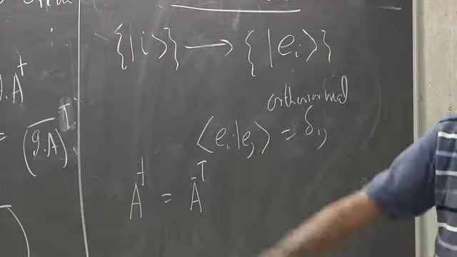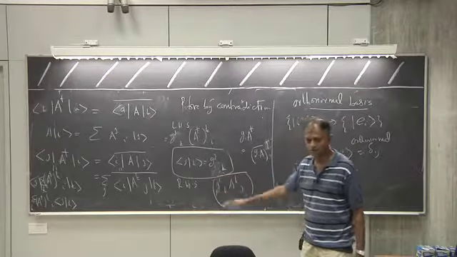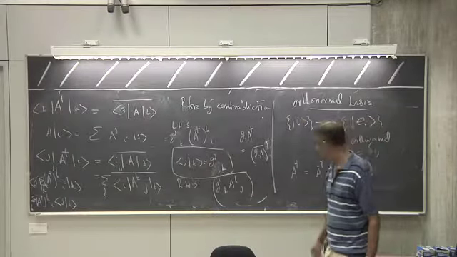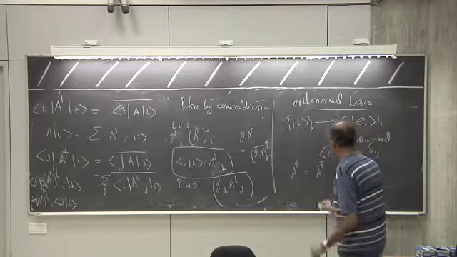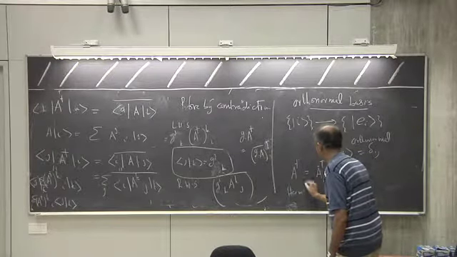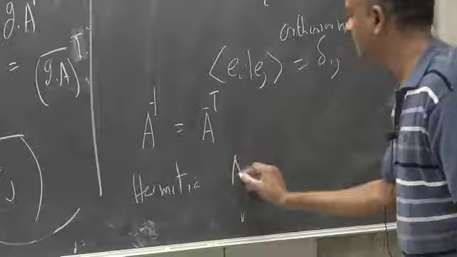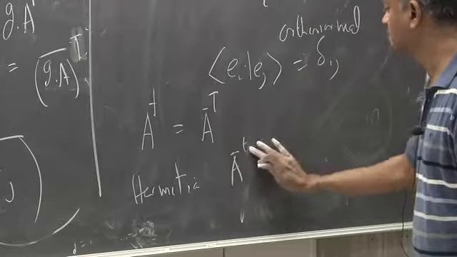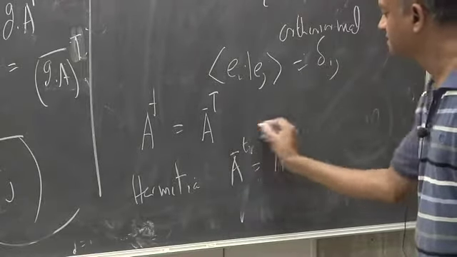That is why I said it's convenient to use the orthonormal basis. There everything becomes simple. So this is the adjoint, and Hermitian means A bar transpose is equal to A.